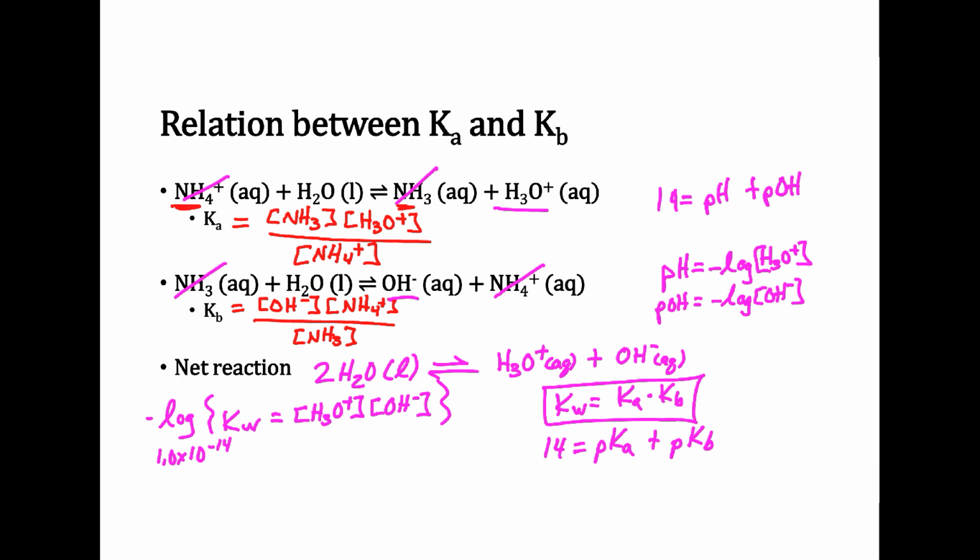So pKa plus pKb is equal to 14. And this is another really useful expression that we will use as we go on. So let's go ahead and look at a few examples where we look at finding Ka or Kb, and then also looking at pKa and pKb.